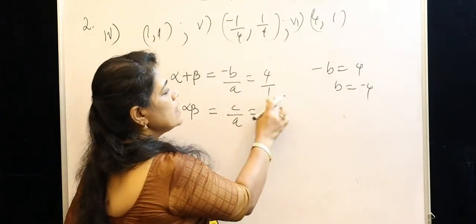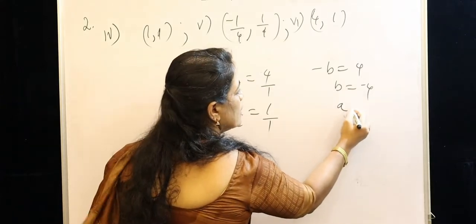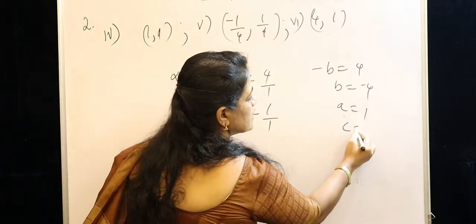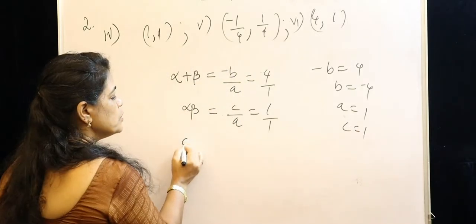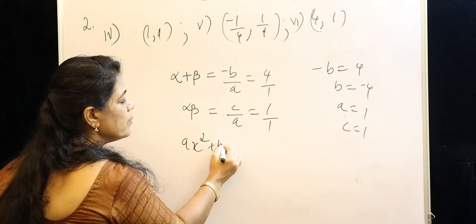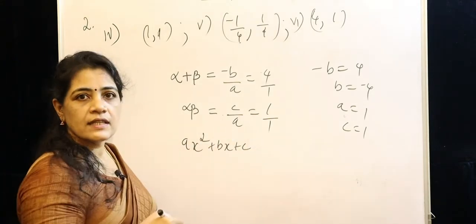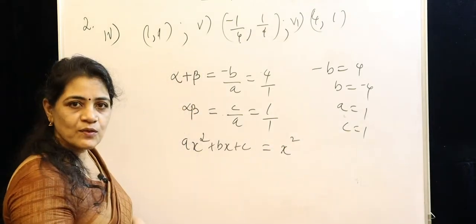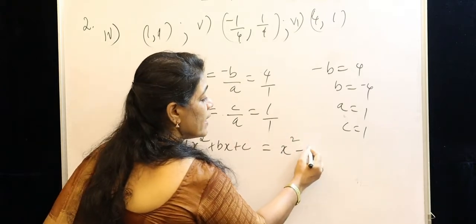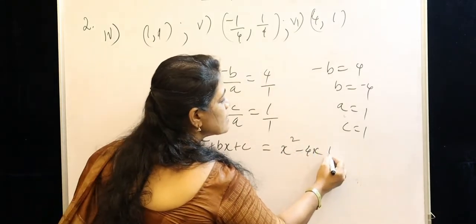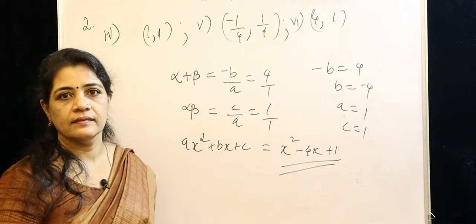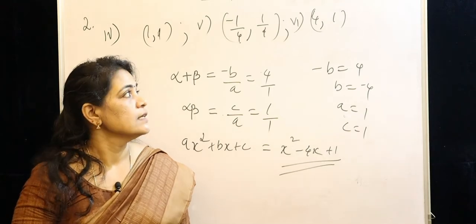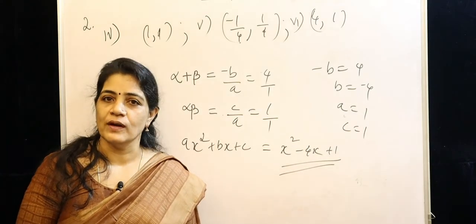And a is equal to 1, here also a is equal to 1. C is equal to the numerator, that is 1. So we write the required quadratic polynomial by substituting these values in the general form. Ax square, that is x square, since a is 1; b is minus 4, so minus 4x; and the constant term is plus 1. So this is the quadratic polynomial if the sum of the zeros is 4 and the product of zeros is 1.